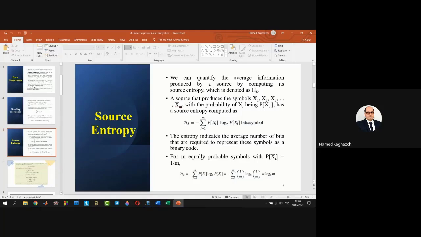If I have M symbols with equal probability, we learn that P(xi) is equal to 1 divided by M. Now using this formula, H(s) is equal to log 2 of M. If I calculate the logarithm of M in the base of 2, I can calculate H(s).